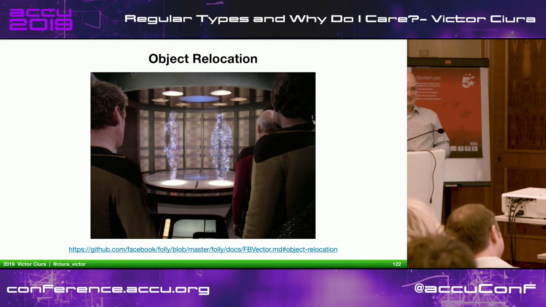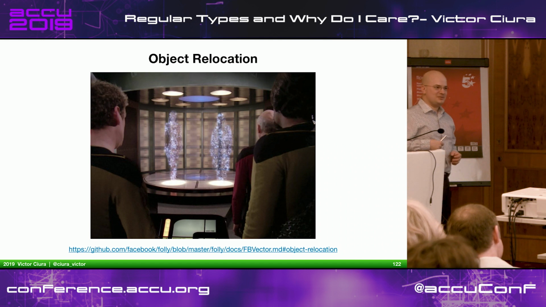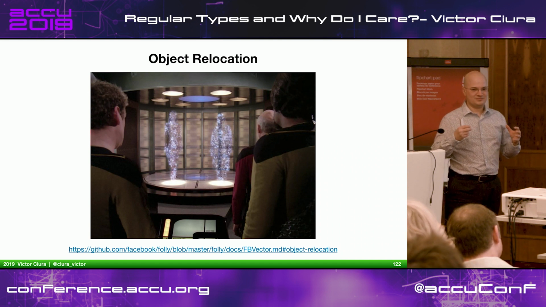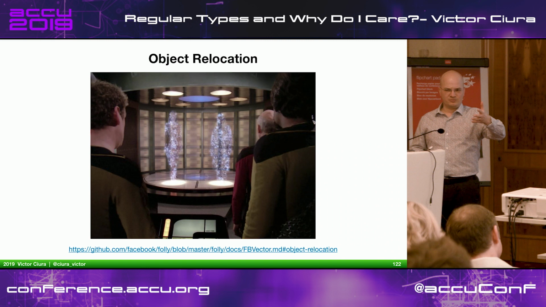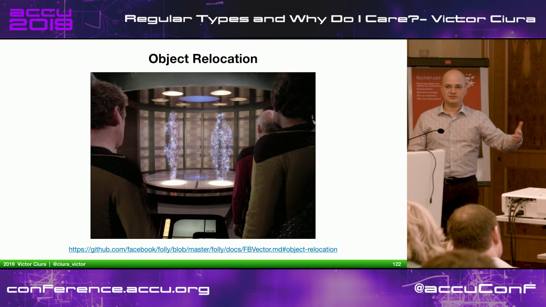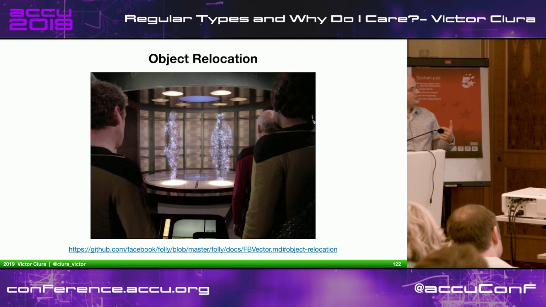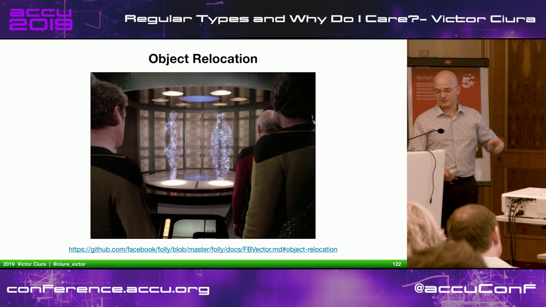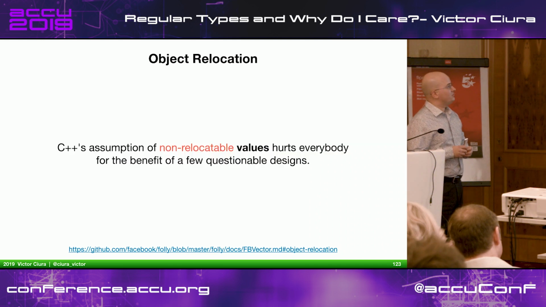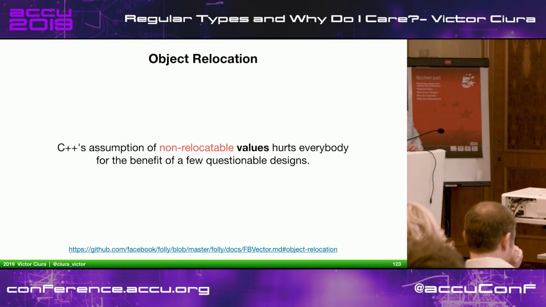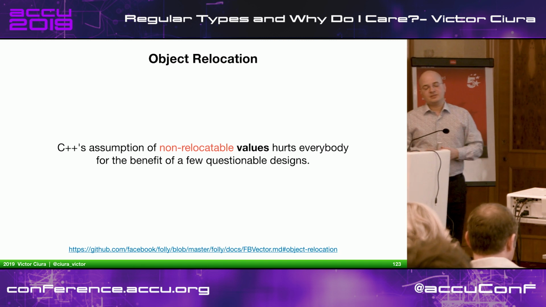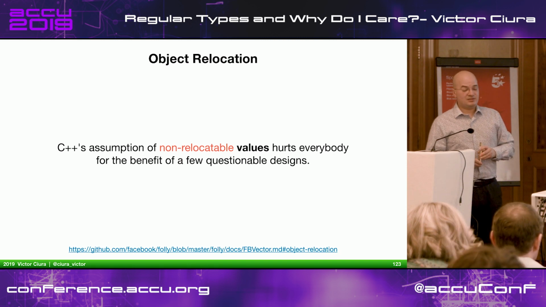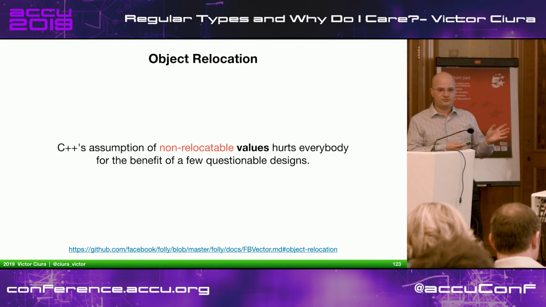There are some deep fundamental things that you need to consider when thinking about relocatable values. I think there are recent proposals about trivially relocatable types, and there are some interesting write-ups, some of them linked in the slides, on what it is to define object relocation. C++'s assumption of non-relocatable values hurts everybody for the benefit of a few questionable designs. Again, opinion piece. Not everybody agrees on the semantics of this, but it's food for thought.